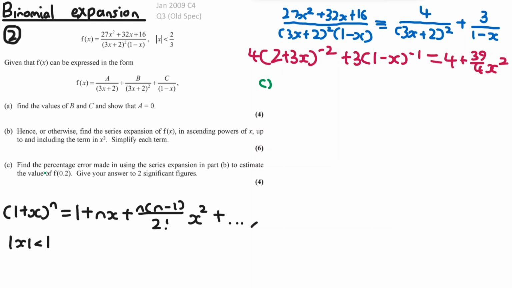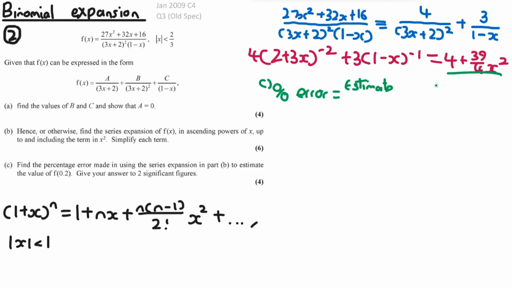So for part C, we need to find the percentage error of f of 0.2. So what happens when we sub x is equal to 0.2 in this compared to when we sub it into this. Now, percentage error was something we went through in the binomial estimation video. Percentage error is equal to the estimate, so the estimate is going to be using the approximate value that we get out of here, because again, we've only done up to the x to the power of 2, but obviously there are so many more terms than that.